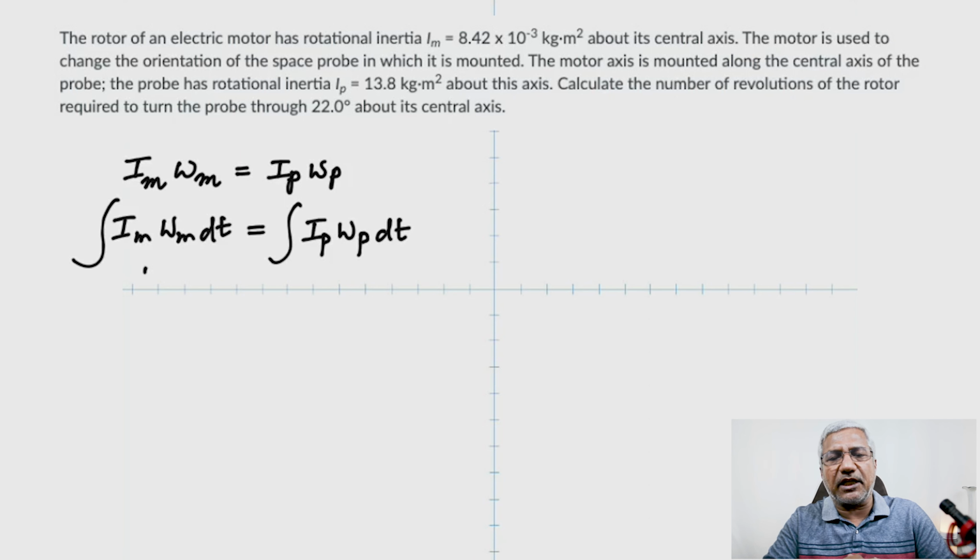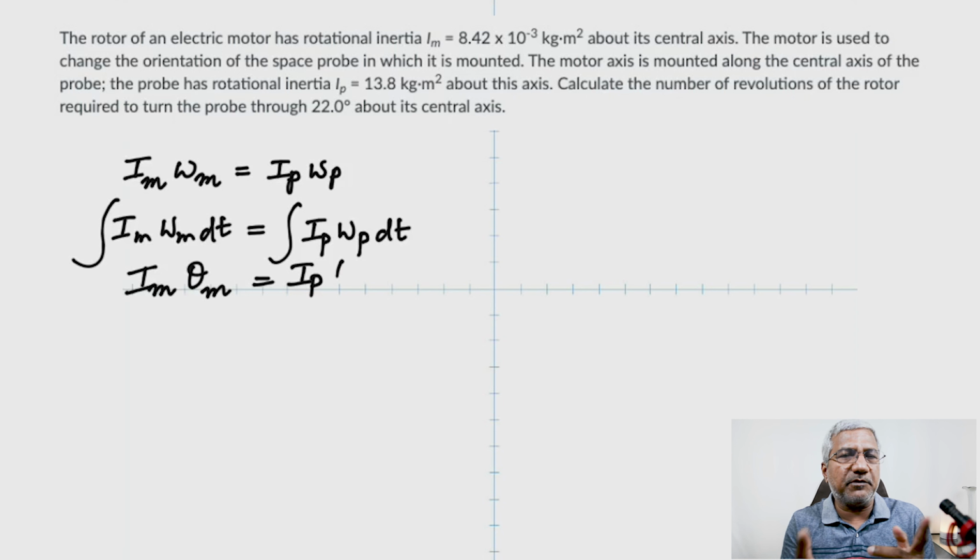Same thing on the other side. So that you have theta_m, the angle rotated by the motor on one side, and on the other side you have the angle rotated by the probe. And I_m and I_p are constants, that's why they were taken out of the integral. So integral omega_m dt is theta_m, integral omega_p dt is theta_p.